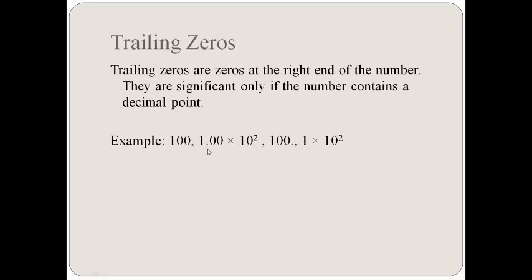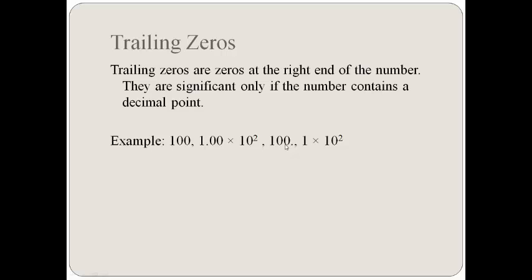The second part, we have 1.00 times 10 to the power 2. As you see, we have a decimal point. So now in this case, we need to count these trailing zeros after the decimal point. So we have 1, 2, 3, three significant figures for this example.